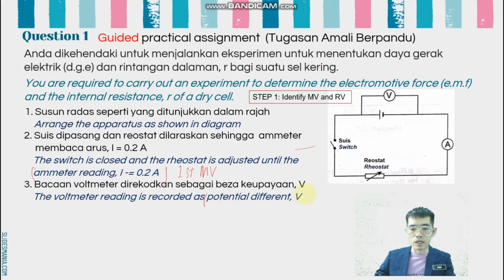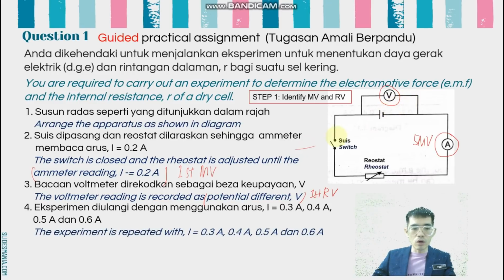So this will be our first responding variable. Here you can see the ammeter is connected in series. So we have to get 5 manipulated variables from the reading of the ammeter and the 5 responding variables from the reading of the voltmeter.